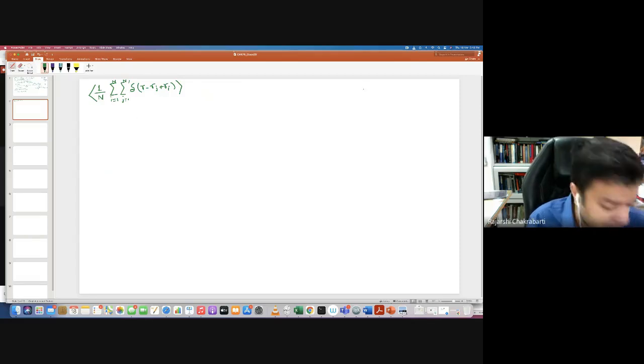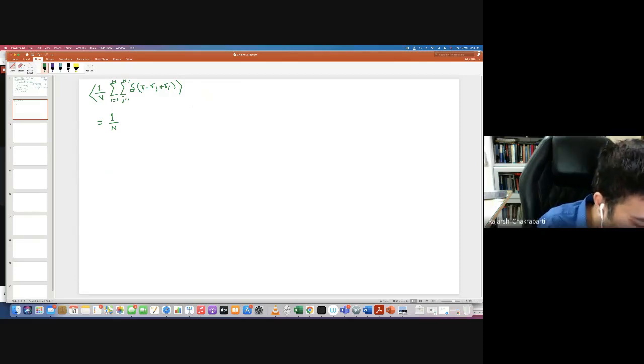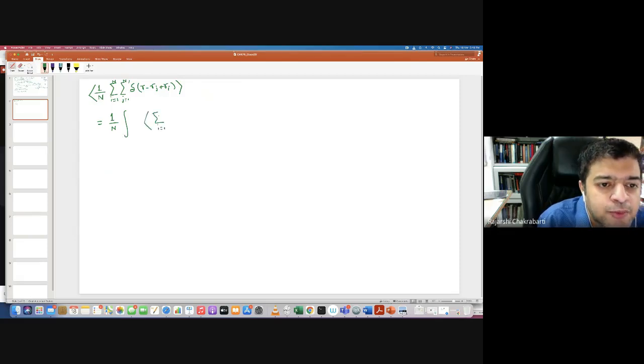Now I'll do a trick. I don't know whether you understand this. 1 over n is a constant, so I can take it out. Then I'll integrate this, but before integration I put this in, i goes from 1 to n, j goes from 1 to n with a prime. Now this is delta(r prime plus r minus rj).